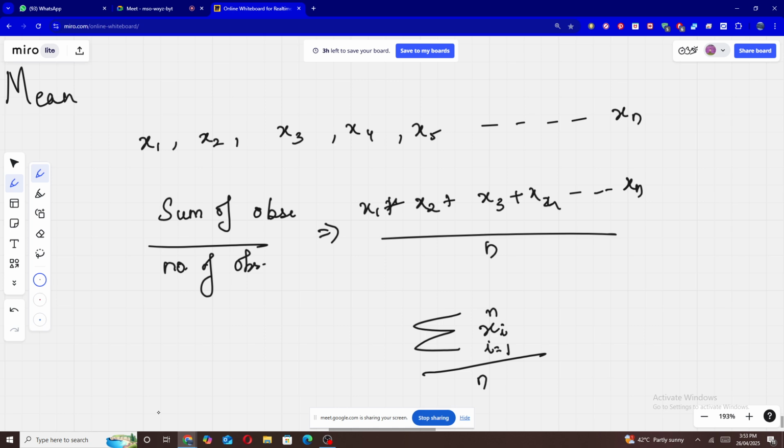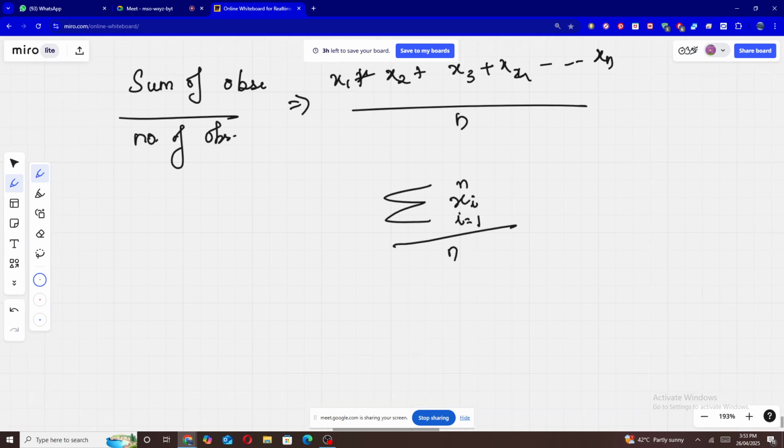Could you repeat the formula? Sigma means sum of. Have you done Excel? In Excel's formulas, there is sigma, right?